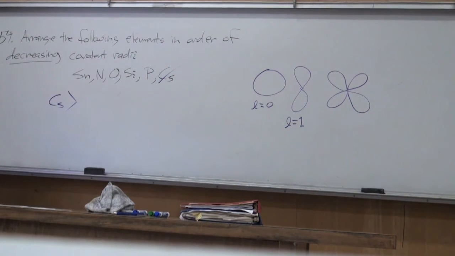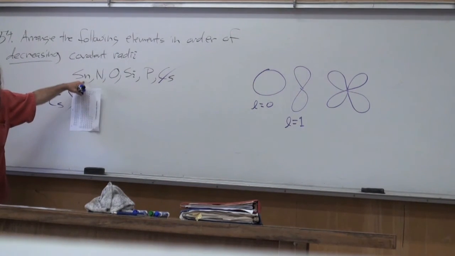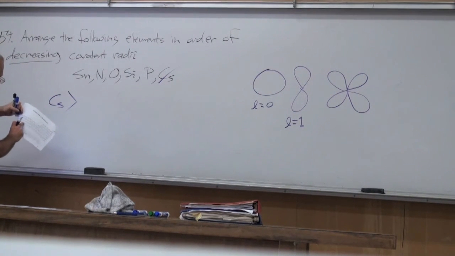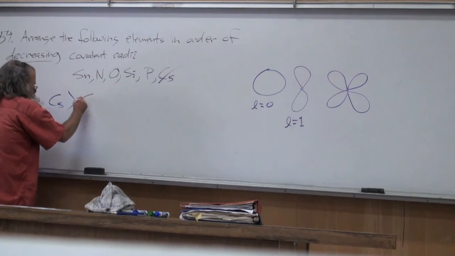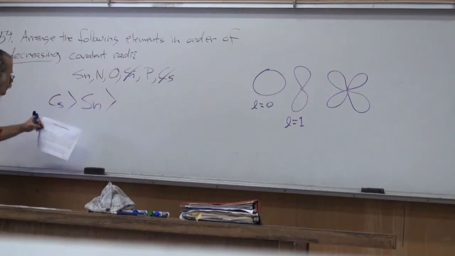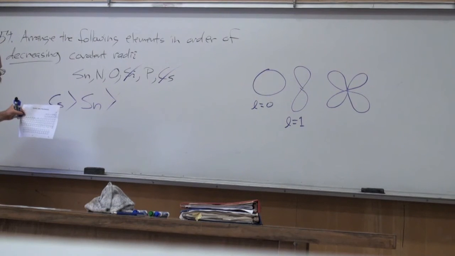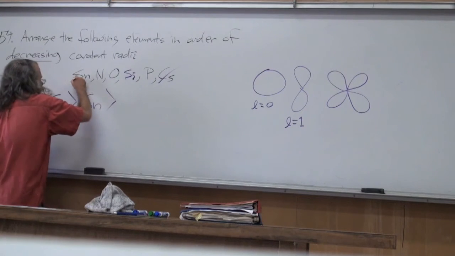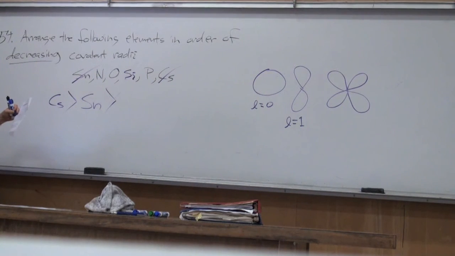so which one's next in our hit parade? Which one? What's this called? 10. Yeah, because 10 is up one and across a whole bunch. So it'd be 10, which is in turn greater than, what's next? There is no more in that row.